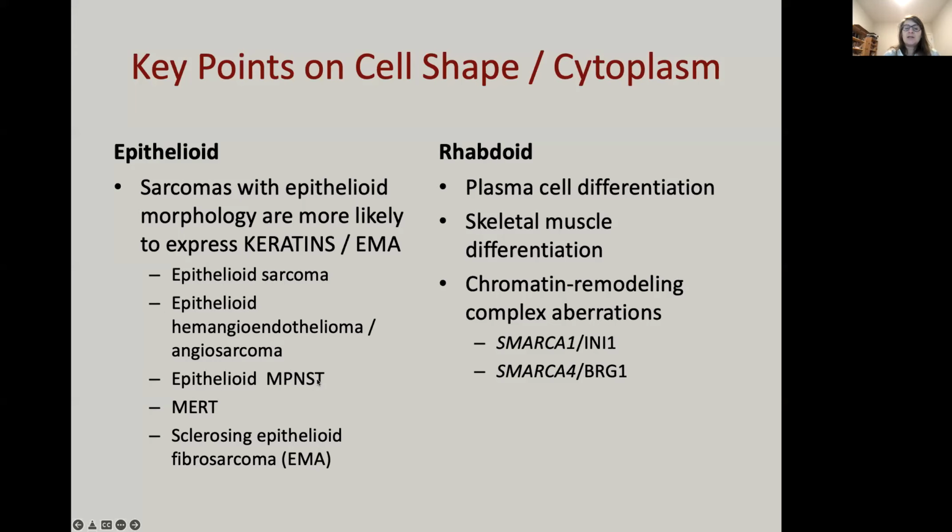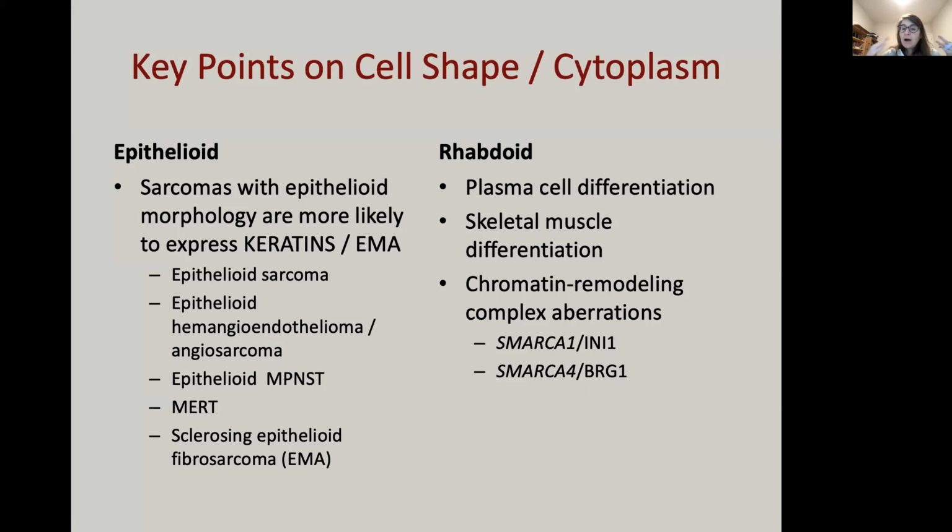When you see something with rhabdoid or eccentric cytoplasmic morphology, you're certainly going to want to think about something truly plasma cell, something plasmacytic or plasmablastic. And of course, you may want to work up heme. You certainly want to think of something with true skeletal muscle differentiation, like a rhabdomyoma or a rhabdomyosarcoma.